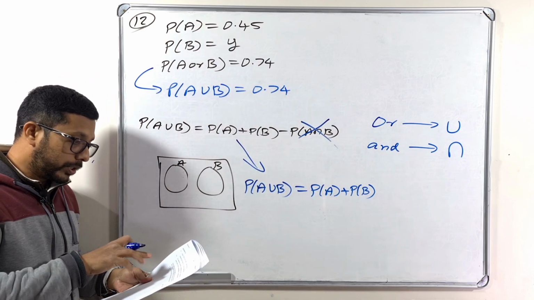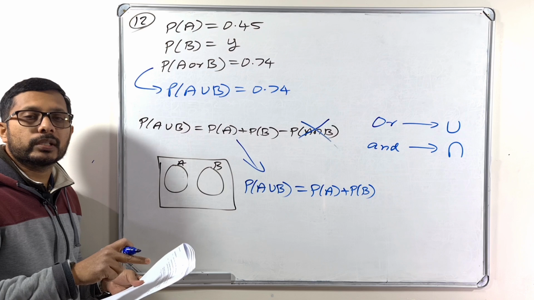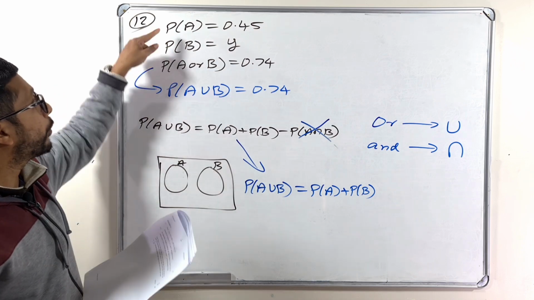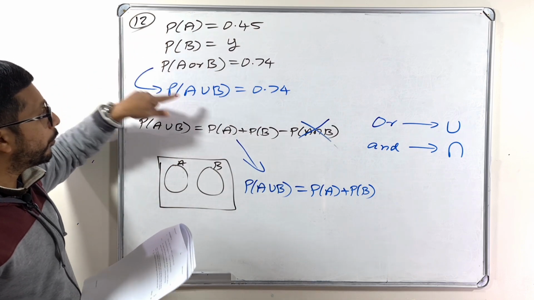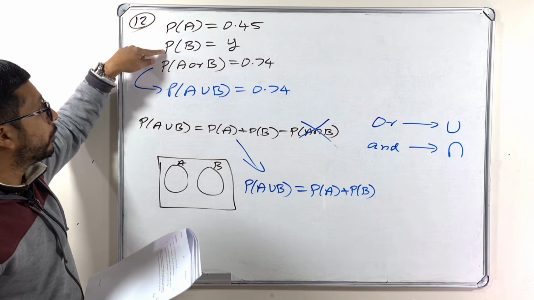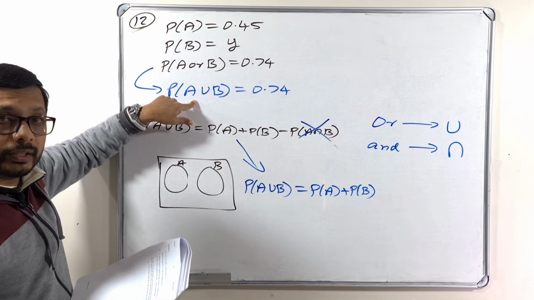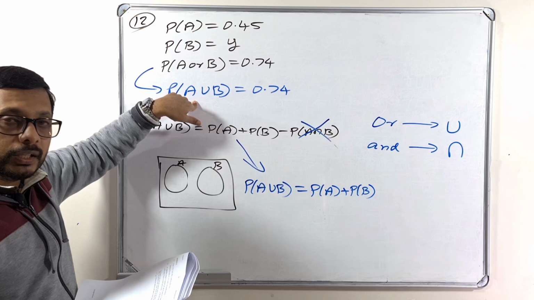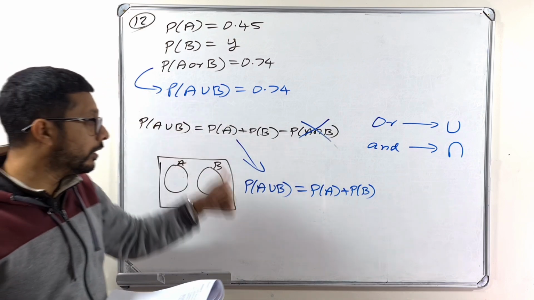Since in the question it is given A and B are mutually exclusive, we know probability of A, probability of B and probability of A union B. Is there any formula connecting them in the case of mutually exclusive? Yeah, we already studied that.